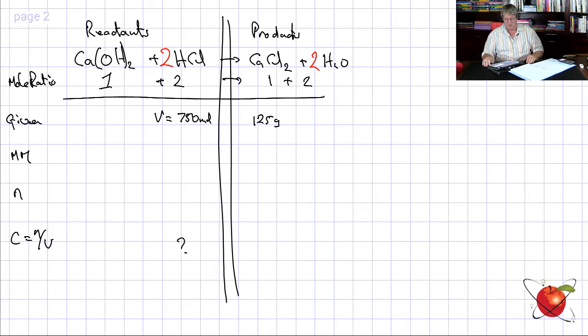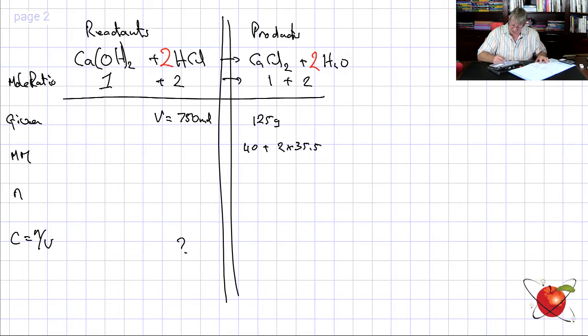Okay, guess what? Moles all the way. We've got to get to the moles. So what do we do? Well, molar mass of, now let's just go through. The molar mass of the calcium chloride is 40, okay, plus 2 times 35.5. Right?